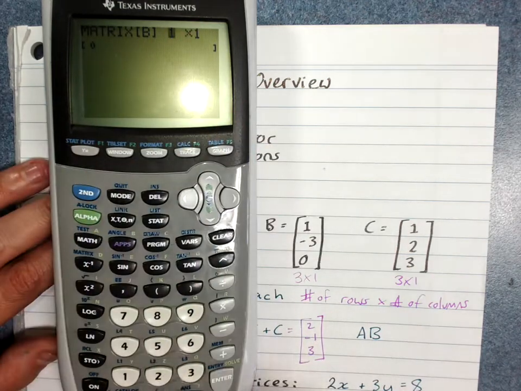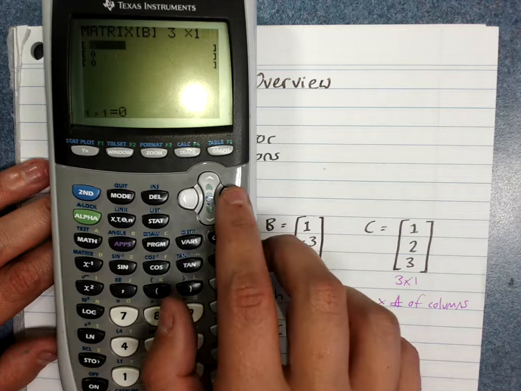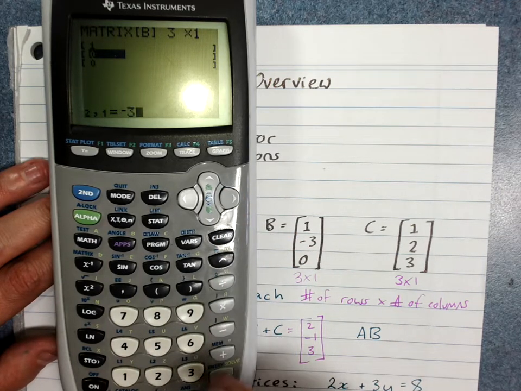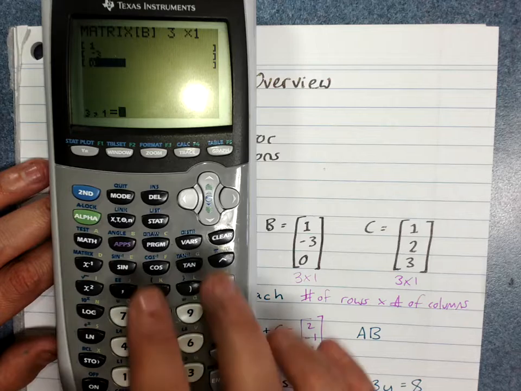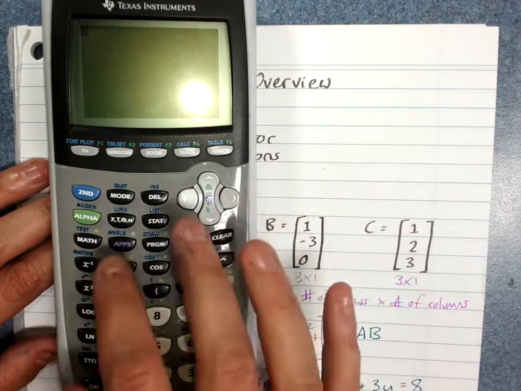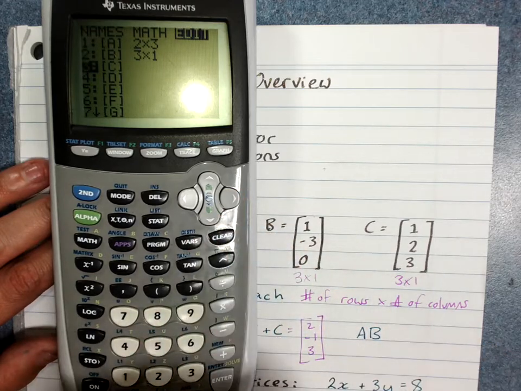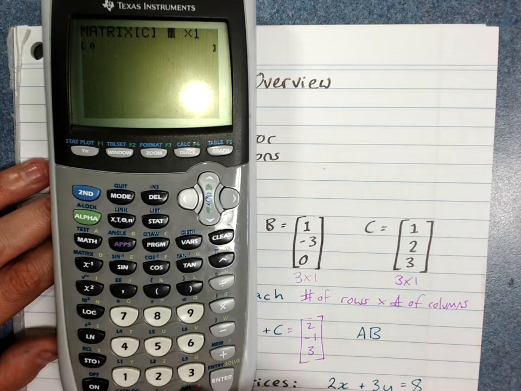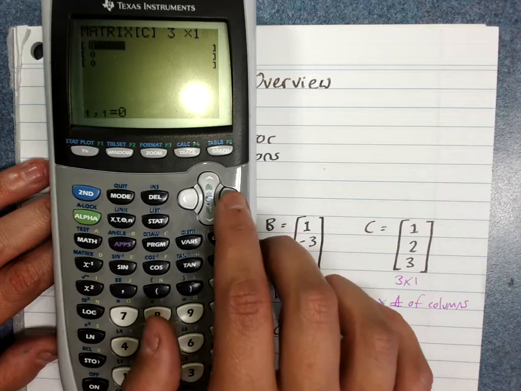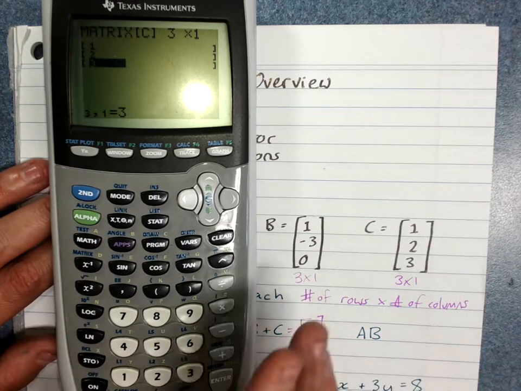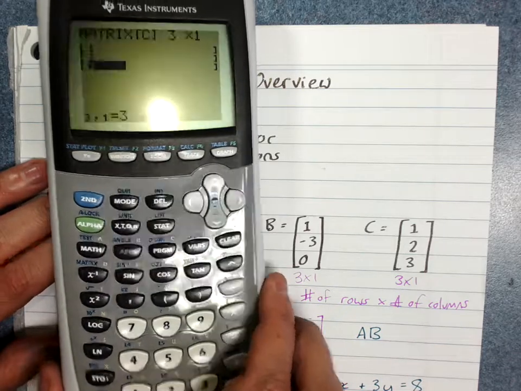Yes, to B. We need 3 by 1. So once you've got that one, quit out, back into the matrix menu, edit matrix C. So you put all your matrices in, get the order right, enter your numbers. So now those 3 matrices are in.